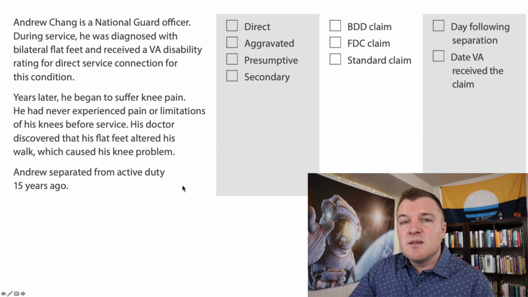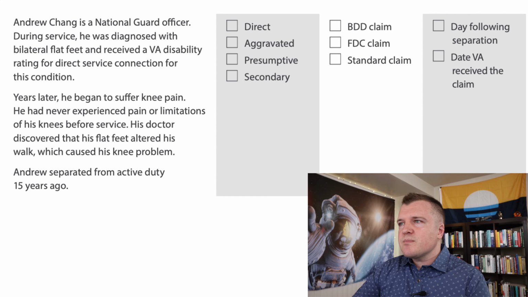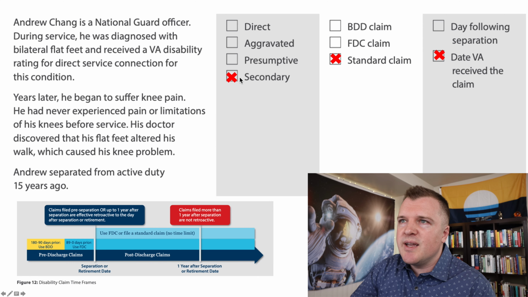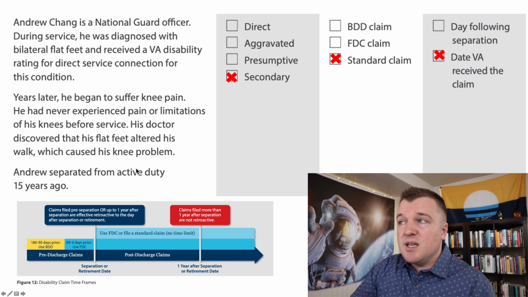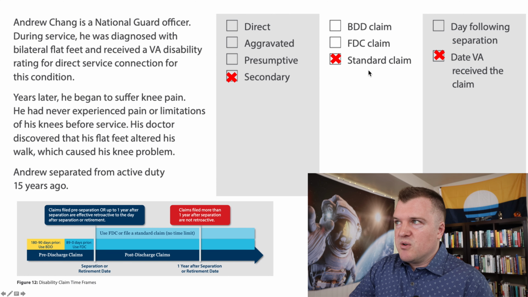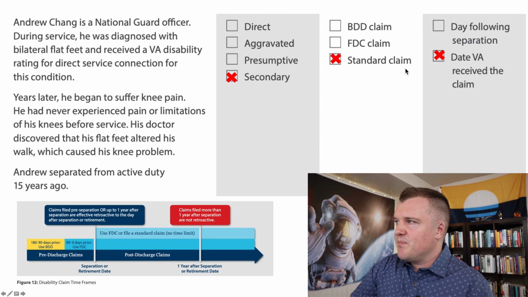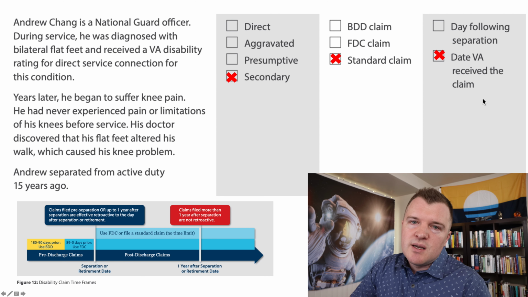Andrew separated from active duty 15 years ago. So this was definitely secondary. He got the VA disability rating for his feet. However, 15 years later, he started experiencing knee problems. This is 15 years past, so this is definitely a standard claim, and he'll get his benefits effective from when the VA received his claim.